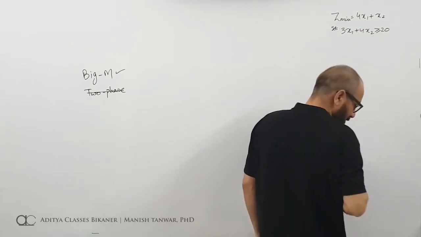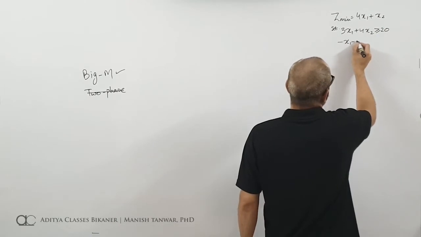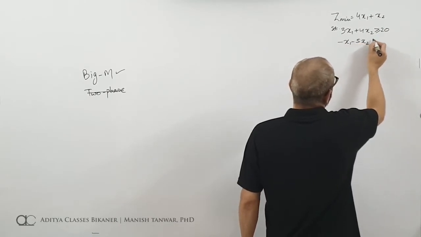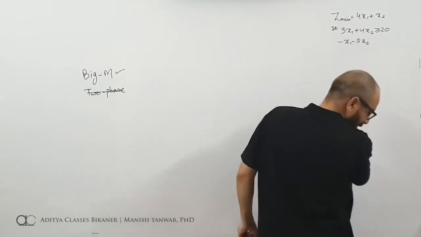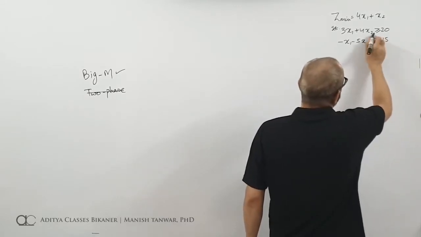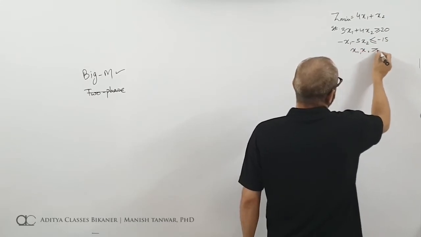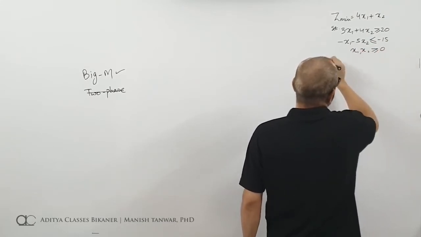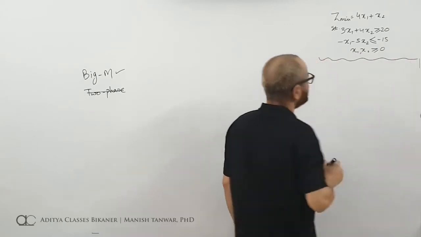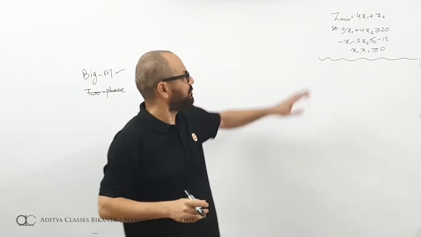Then there is another constraint, minus x1 minus 5x2 is less than equal to minus 15. And of course, there is a physical constraint that x1 and x2 cannot be less than 0. They should be greater than or equal to 0. So this is the problem.